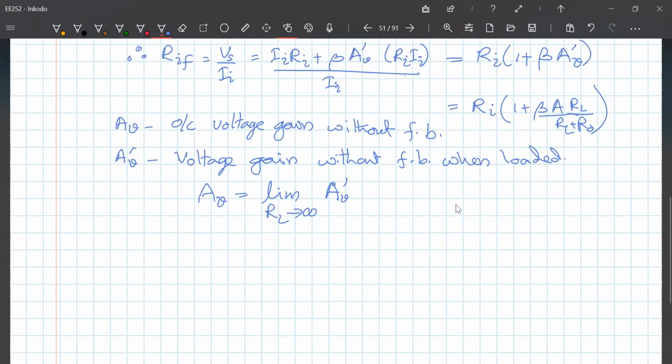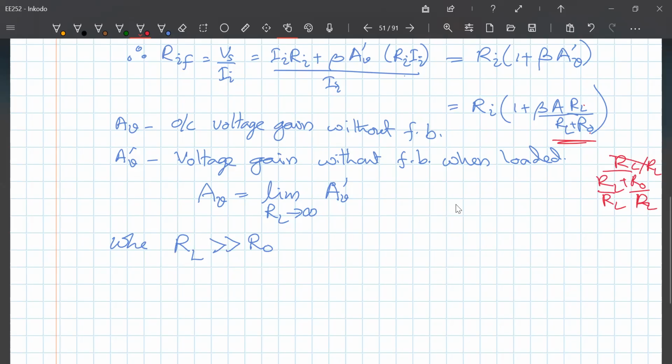Okay, so when the load resistor is very large, the load is small. The current is very small, so RL is much bigger than R out. According to this expression here, RL is much bigger than R out, so RL over RL plus R out, everything divided by RL, right?